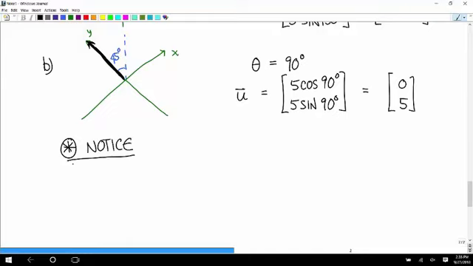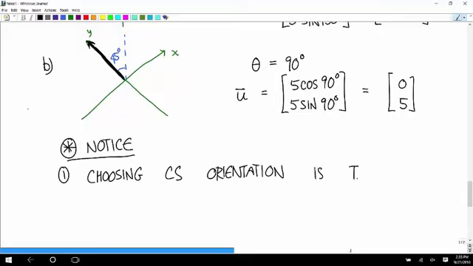First, we've seen something like this before, and it might not be totally obvious, the connection on your own, but this choice of coordinate system, so choosing the orientation of the coordinate system, is the two-dimensional equivalent of choosing the positive direction.